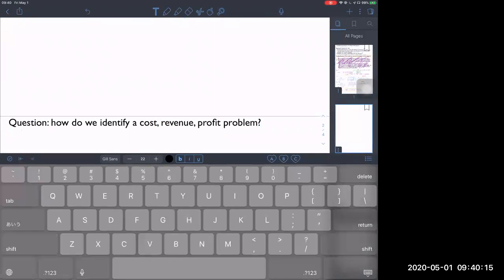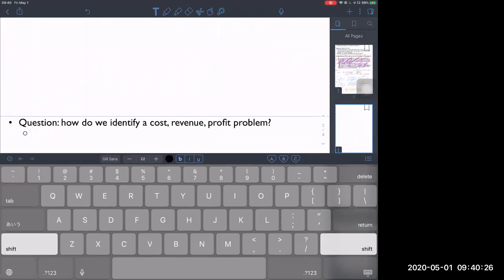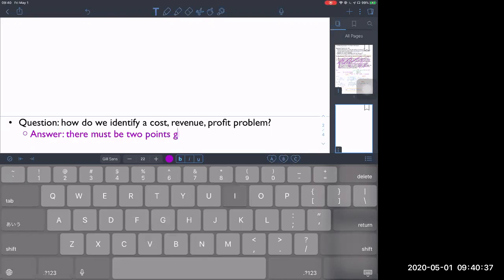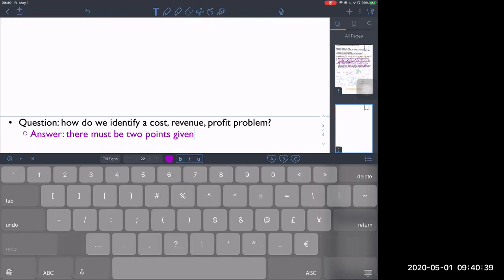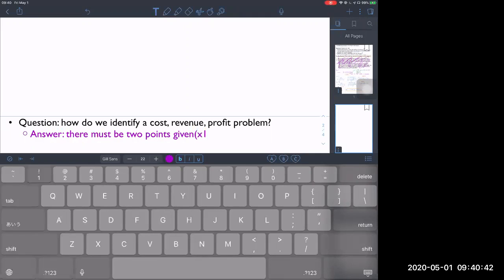And the answer is that there must be 2 points given, something like x1, y1, and x2, y2.